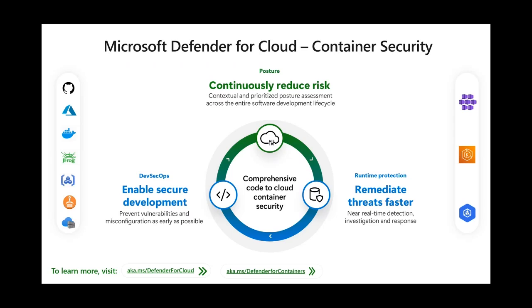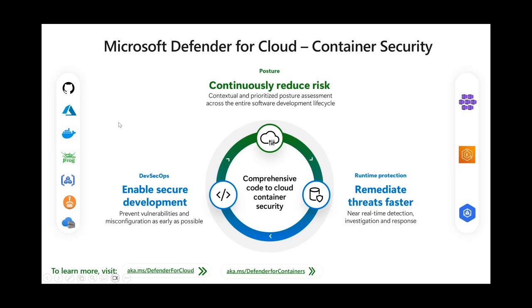So essentially, as you can see, one thing to call out here is that Defender for Cloud covers not only Azure Kubernetes service, but we also protect Kubernetes in other cloud environments, such as AWS, which is seen here, and GCP. And then when you're looking at the DevSecOps stage, we've extended our support there.